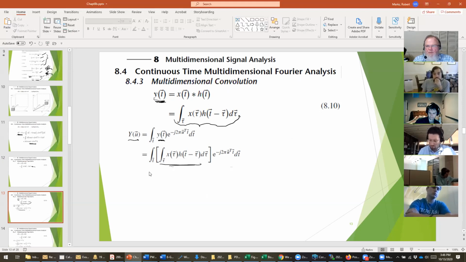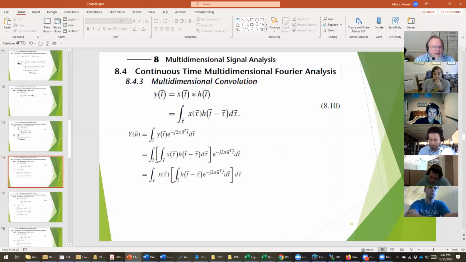The next thing we do, always in these proofs, there's just a few things that are done. One is change of variables. The other one is variable substitution, and the other one is switching around integration limits. So in this one, the next thing we're going to do is switch around integration limits.